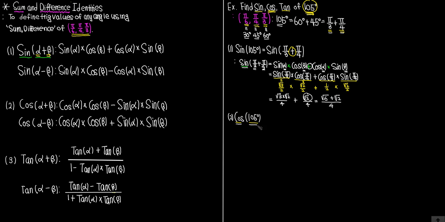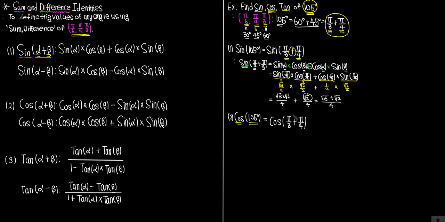Again, we're trying to solve the cosine of 105 degrees, but we split up the 105 degrees into two special angles, 60 degrees plus 45 degrees, which are pi over 3 plus pi over 4, just like I did for the sine. So we can write the cosine of 105 degrees as the cosine of pi over 3 radian plus pi over 4 radian.